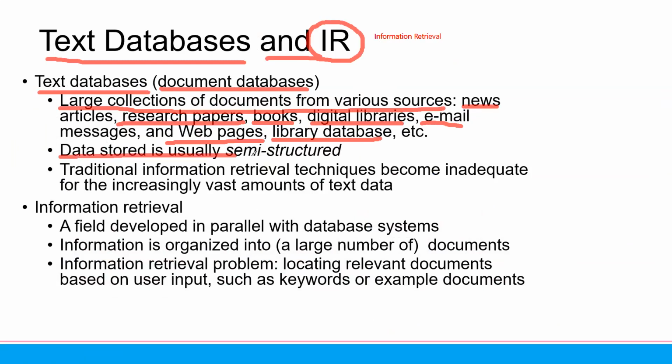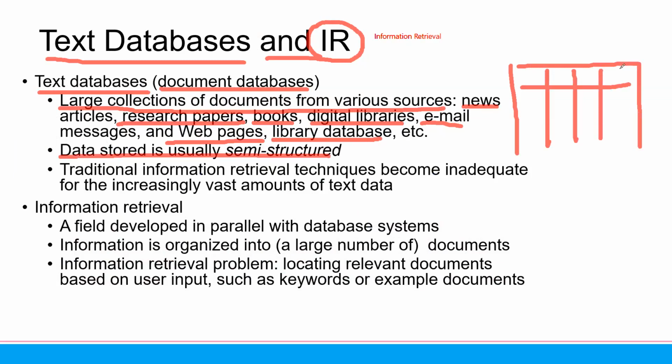Usually the data is thought of as semi-structured. Semi-structured means you can have a table like this one, but some of the columns may not be in a good structure.